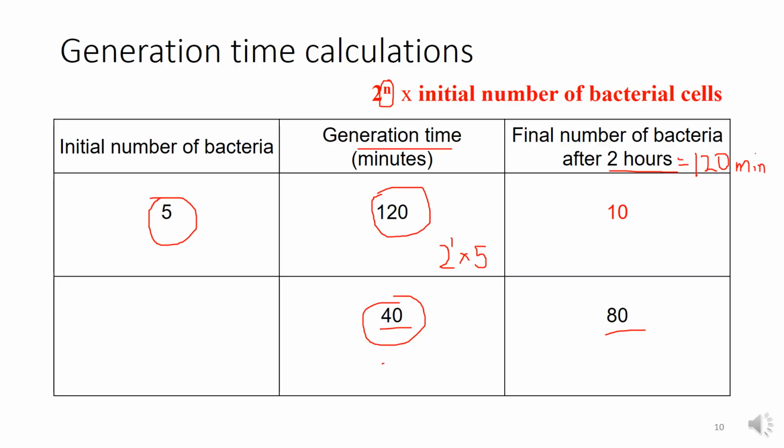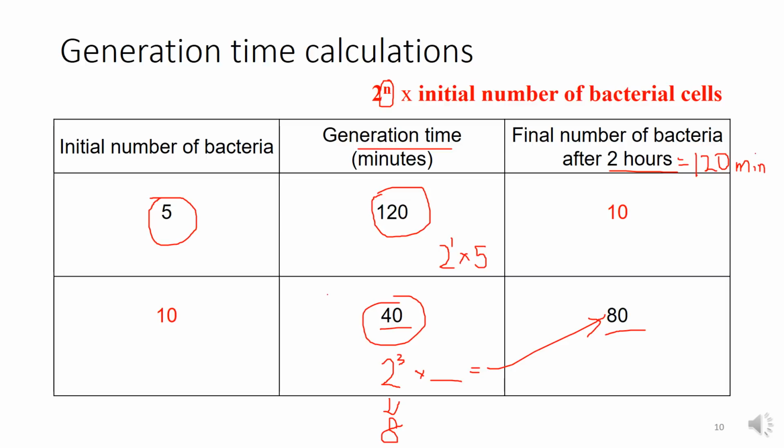Sorry, 3, right? So the formula will be 2 to the power 3 times your initial number is equal to 80. Now can you calculate the initial number of bacteria? 2 to the power 3 is actually 8. So 80 divided by 8, you get 10.